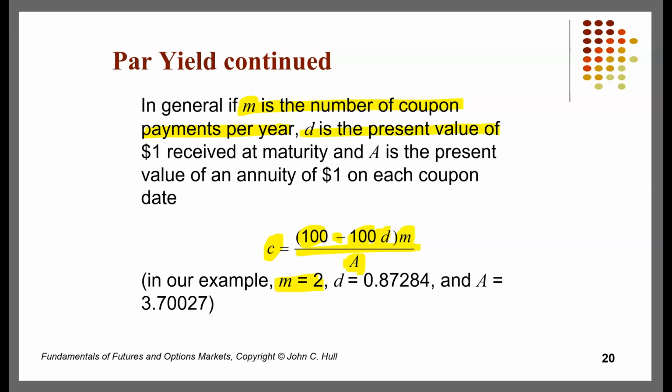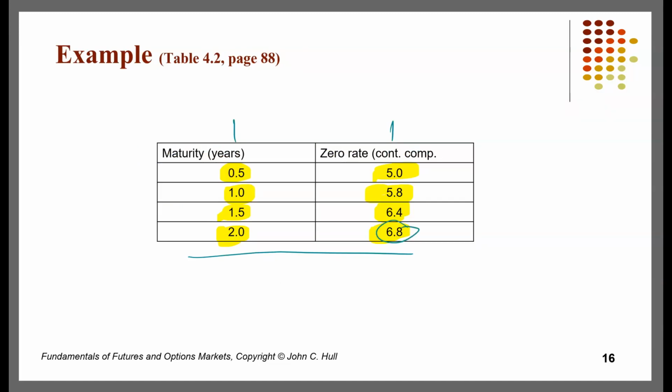D is the present value of $1 received at maturity, and A is the present value of an annuity of $1 on each of the coupon dates. So D is the present value of $1 received at maturity. Maturity is in 2 years, and the rate of return we use at maturity is 6.8%.